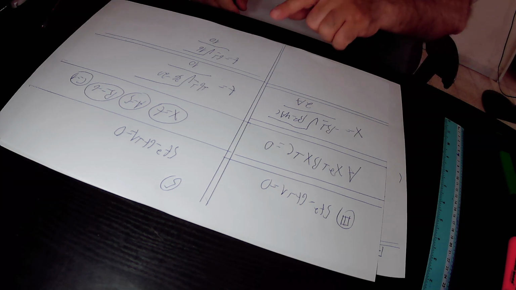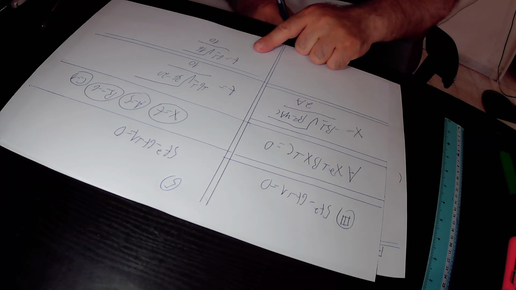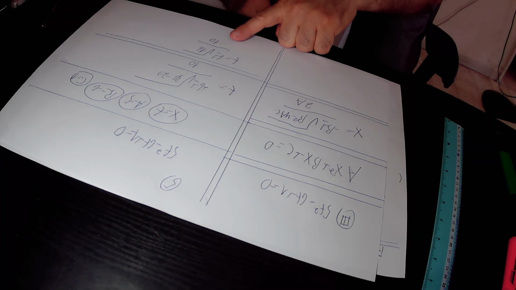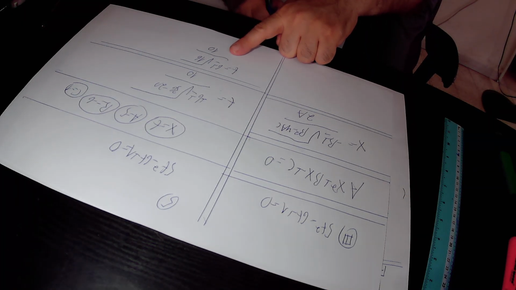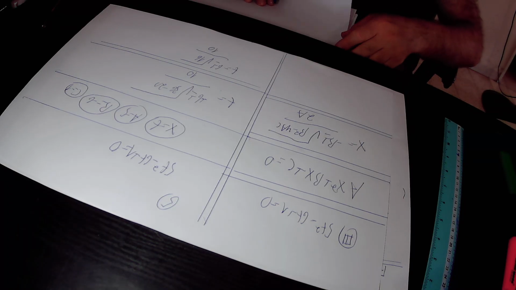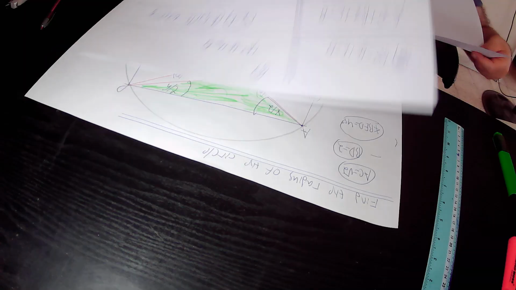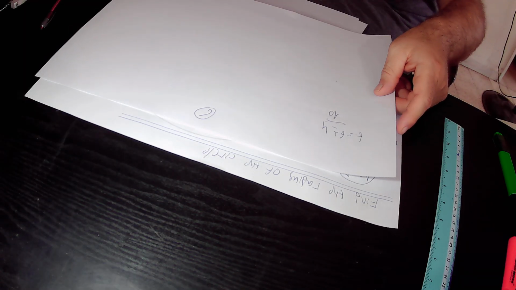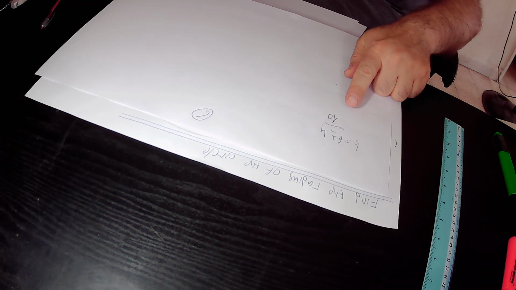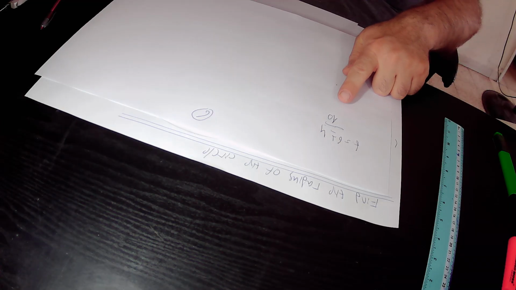So we actually found out that t equals 6 plus minus, the square root of 16 is 4, divided by 10. So again, I found out that t equals 6 plus minus 4 over 10.